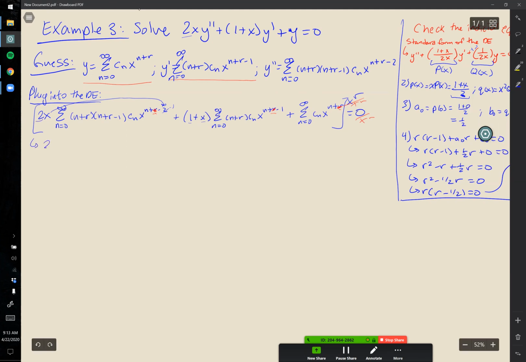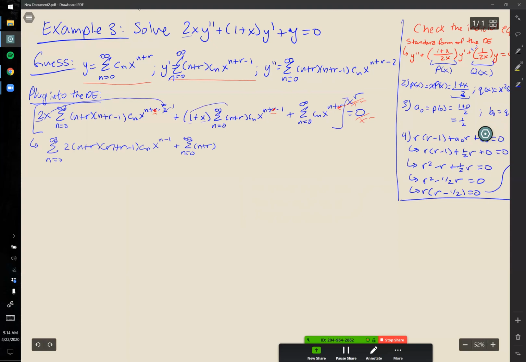So we have the series 2(n plus r)(n plus r minus 1) cn x to the n, the r's gone, and then I plugged in an x, so it's going to raise that to minus 1, still starting at 0.